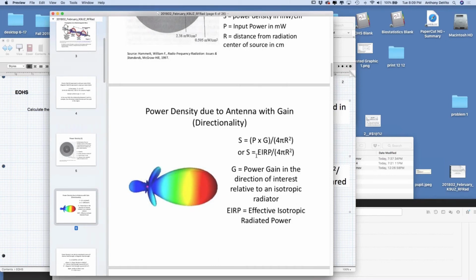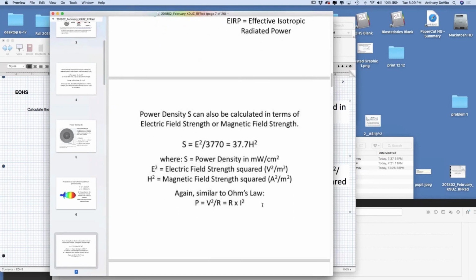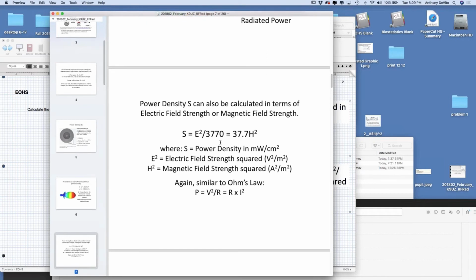This is accommodations to the directionality and the gain of that particular energy source. So the formula we're interested in is this formula that associates the electrical or the magnetic field, the strength of those fields, to the power density.